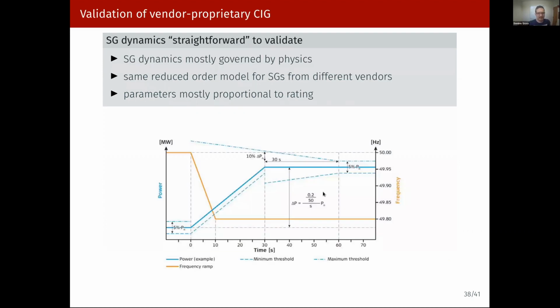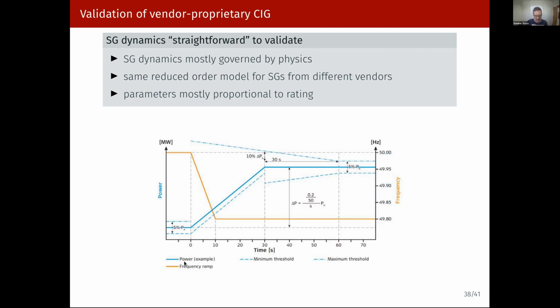For instance, right now, if you want to do a pre-qualification test of a synchronous generator, it's relatively straightforward. If you look at grid codes, for instance, in Europe, they will show you pictures like this. So they will basically say, I'm subjecting the device to be connected, and I'm showing it a drop in frequency. So you see this frequency ramp here from 0 to 10 seconds. It drops from 50 to 49.8 hertz.